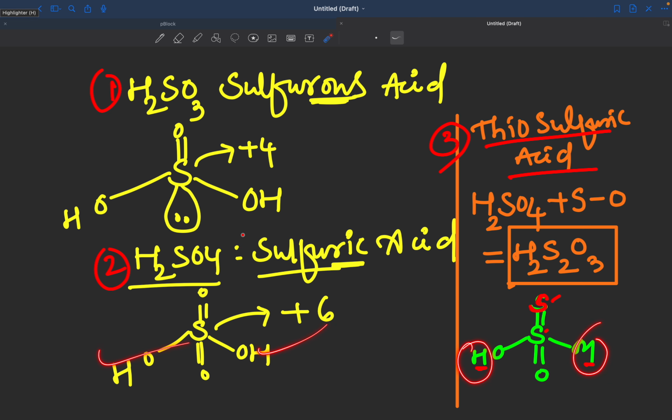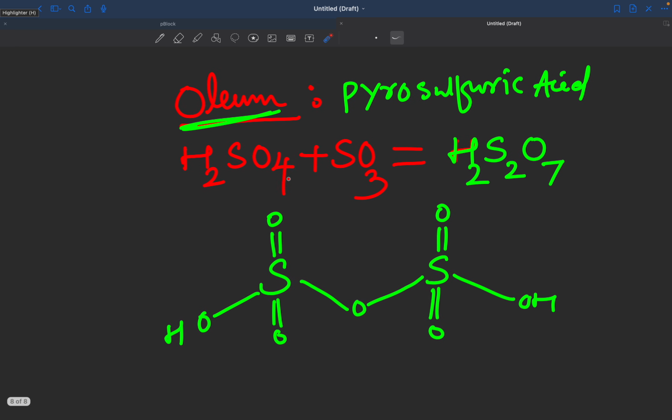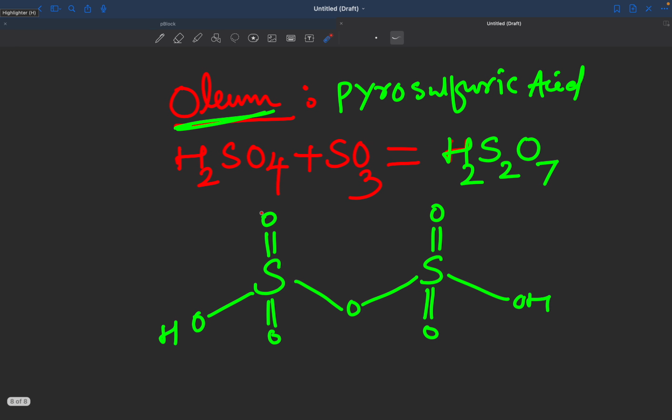These are the replaceable hydrogens, so they can be replaced. That's why they will form two types of salts, right? So this is also a dibasic acid. Oleum is H2S2O7, and its chemical name is also pyrosulfuric acid.